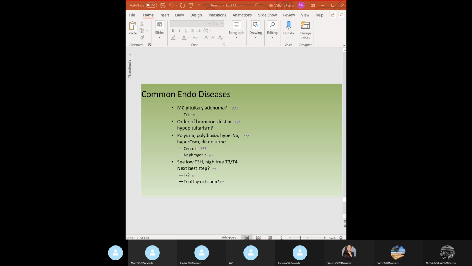Okay, next. You have low TSH but high T3 and T4. What's the next best step? Remember that diagnosis, that treatment workshop? So you have low TSH, high T3, T4. What's the next best step? You already checked the TSH. That's the first step.